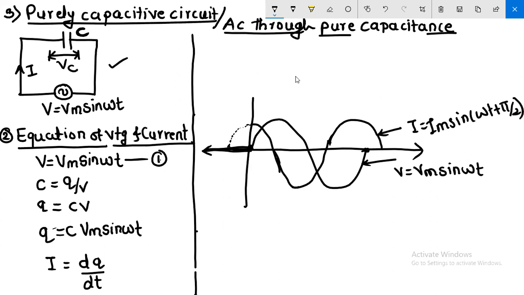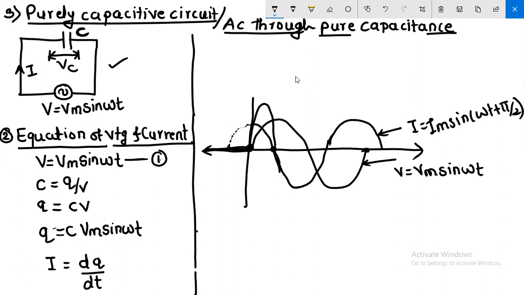Now what do I have to do? I have to draw the waveform of power. Now see, from this point to this point, is your voltage positive or negative? Positive. What is the value of your current, positive or negative? Positive. So what is the value of your power? Positive. So see how I am drawing like this.